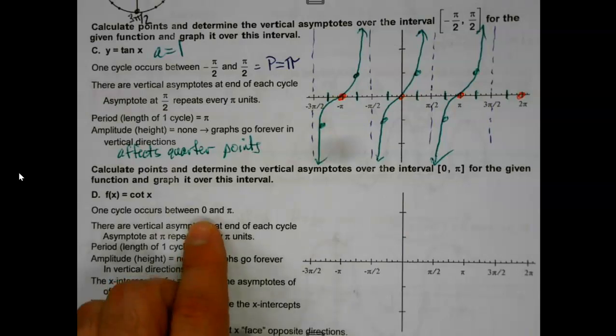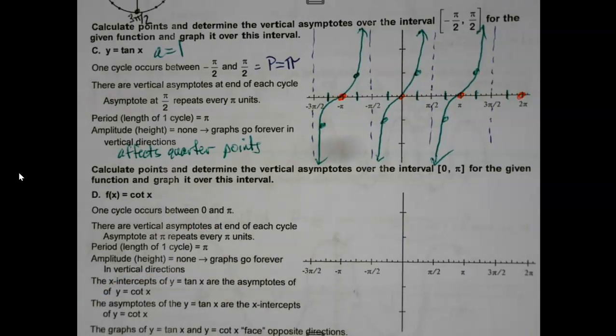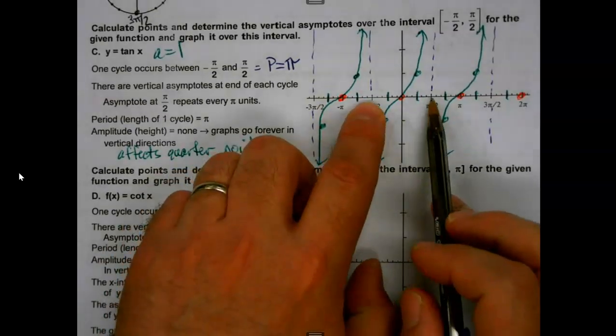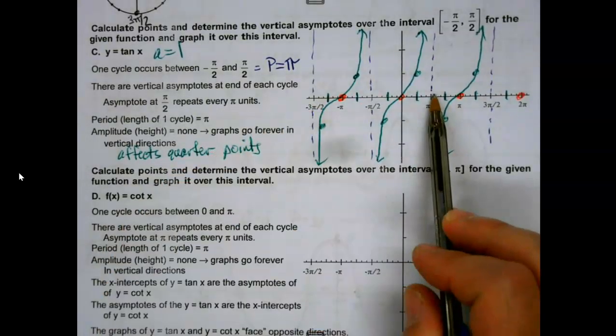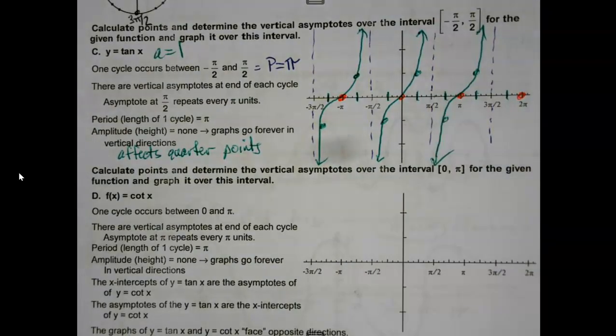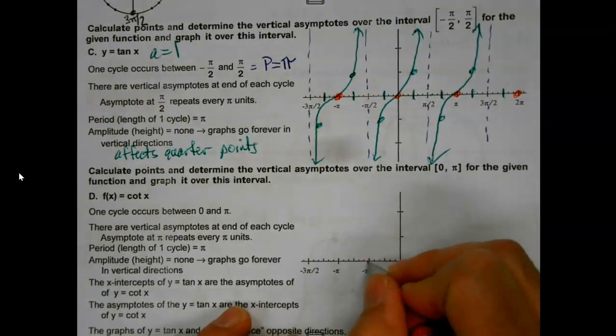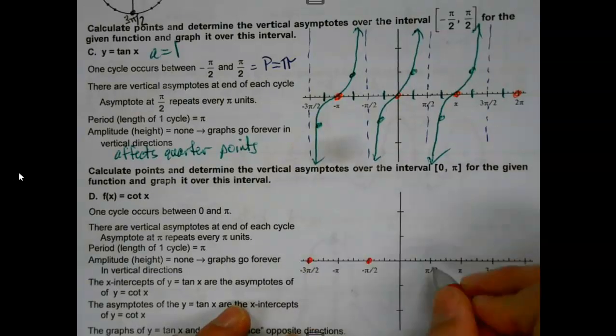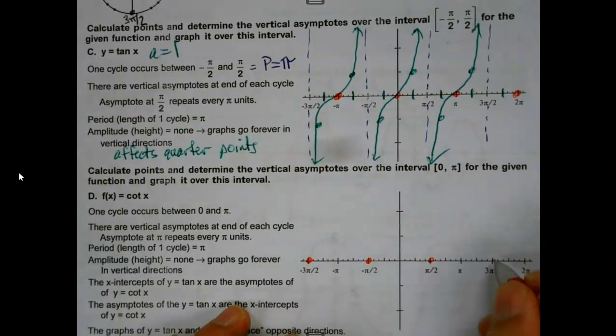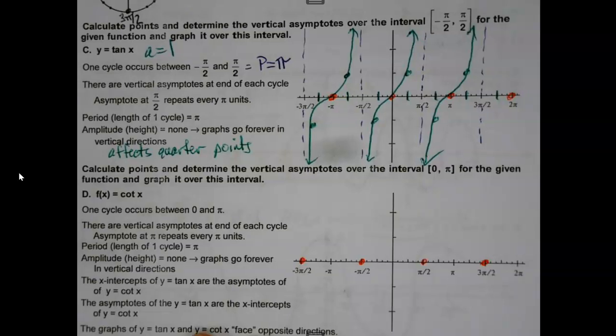The cycle moves. You're like, why the heck did the cycle just move? Because now if you think about it, if everything just swapped, all those places that were the asymptotes before are now going to be the points that you're going through with your x-axis.